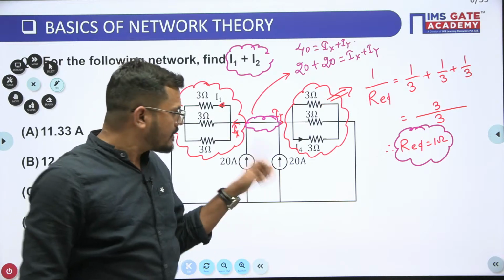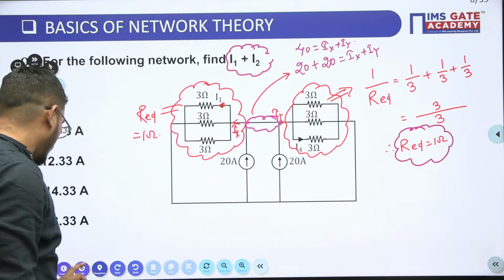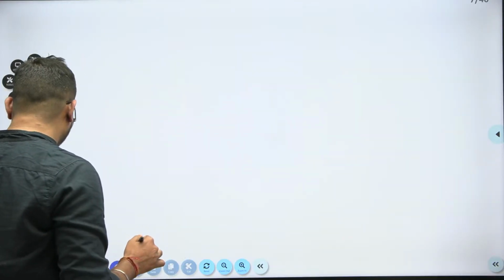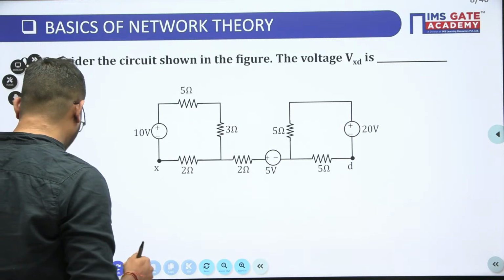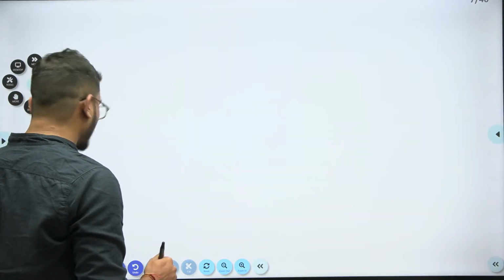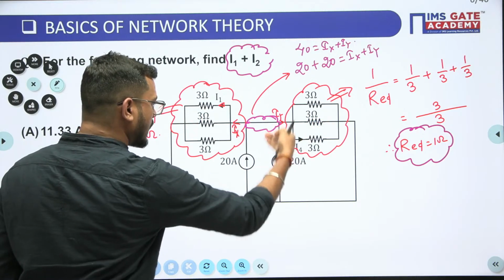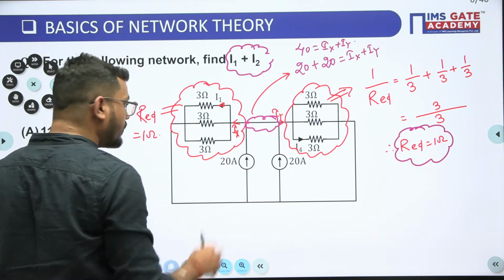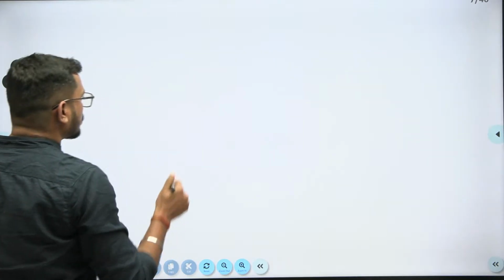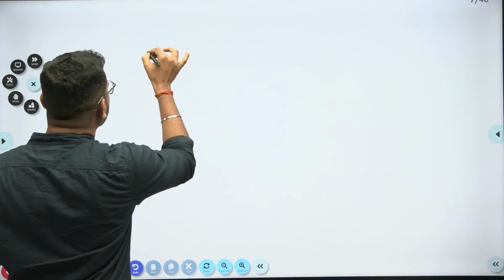Now I am just drawing this network again. So this is a 1 ohm resistor, this is a 1 ohm resistor, and this is a 40 ampere current source. Let us draw this network again.